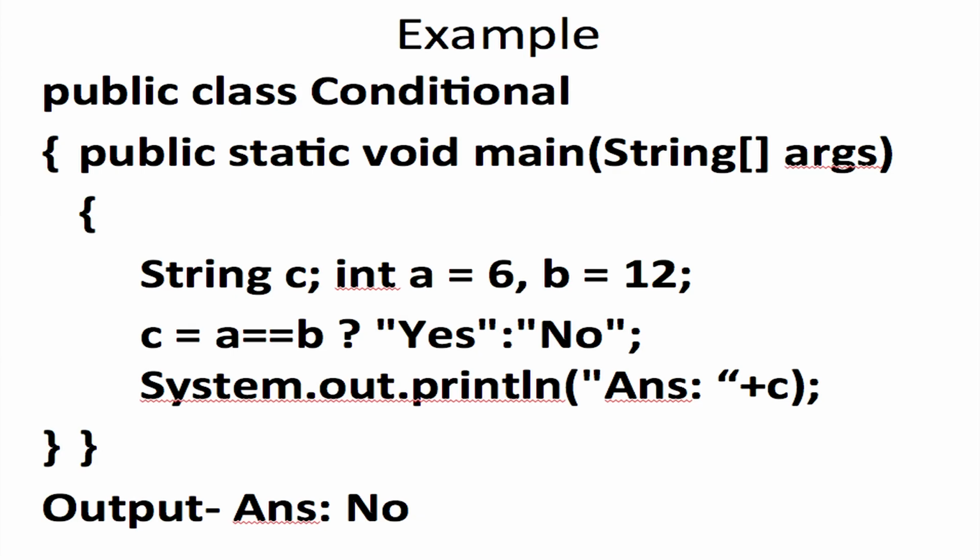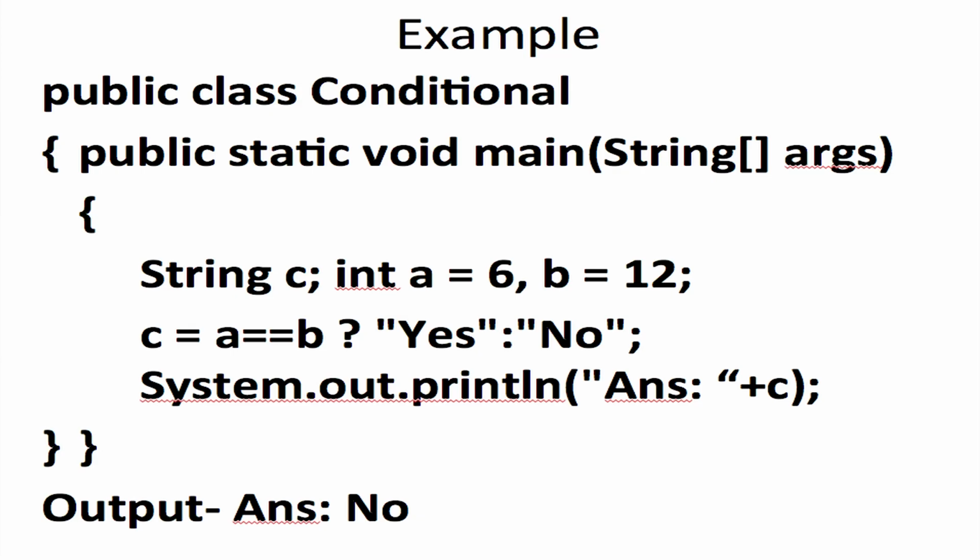In that case it will transfer no to c. So the second value will be transferred to the c variable. c is a string variable, so when we print this c variable using System.out.println, c will be no. It will display no as the answer.